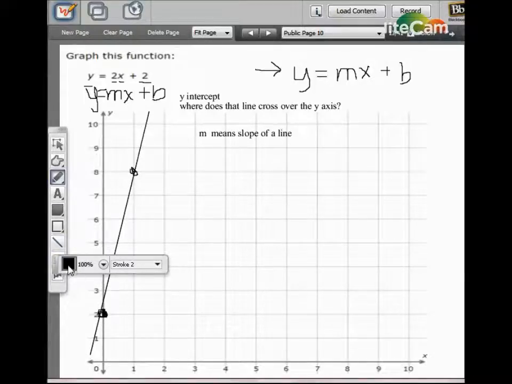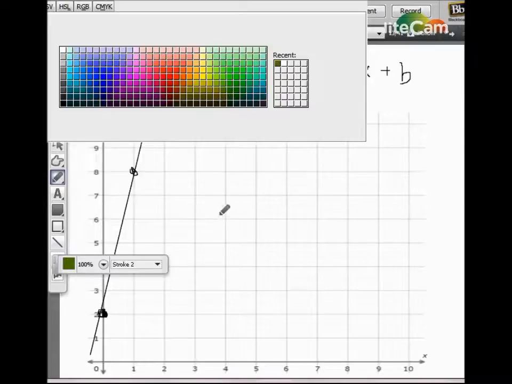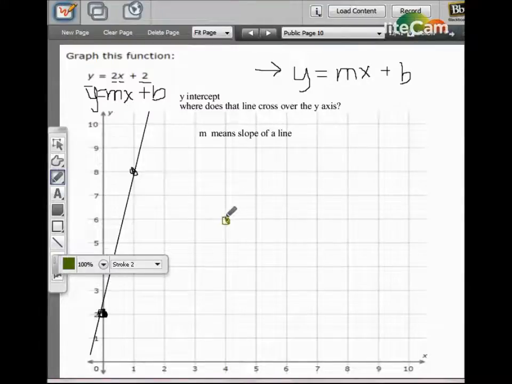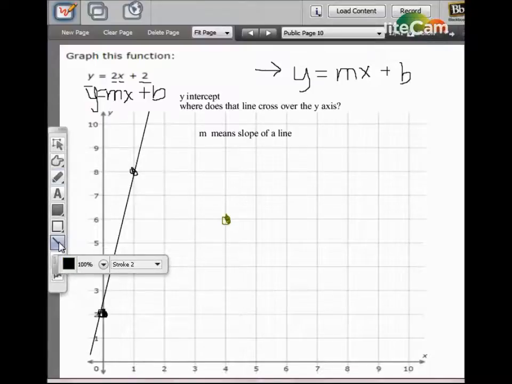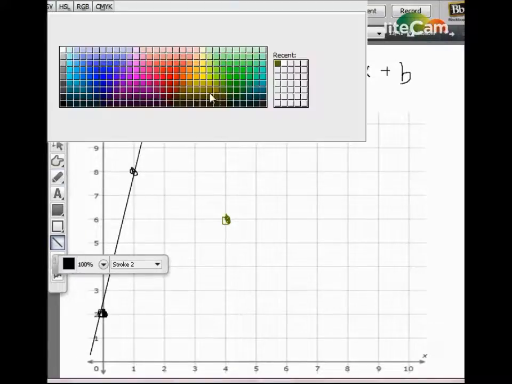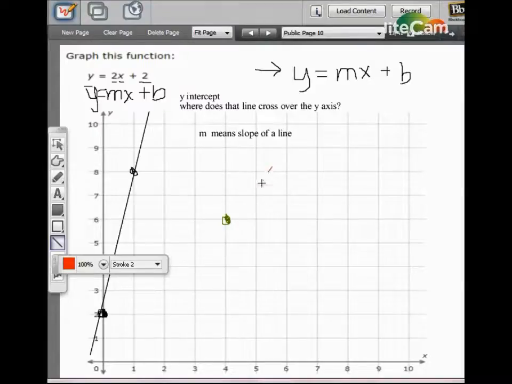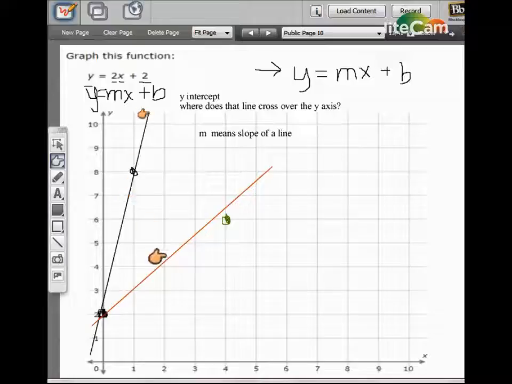If I draw a point somewhere else, maybe right here, and I draw a line through those 2 points, my line is not going to be as steep as that first line. That second point tells you how steep your line is. What is the slope of your line?